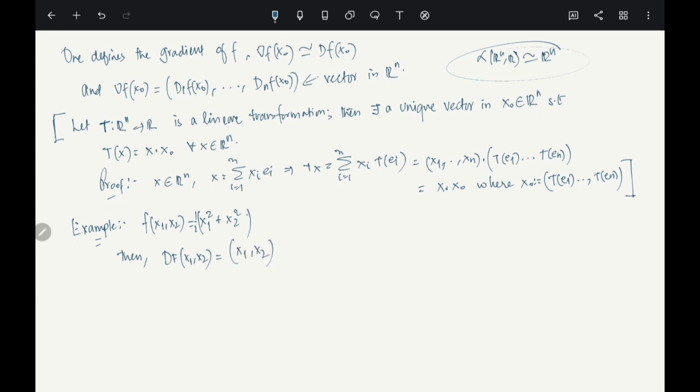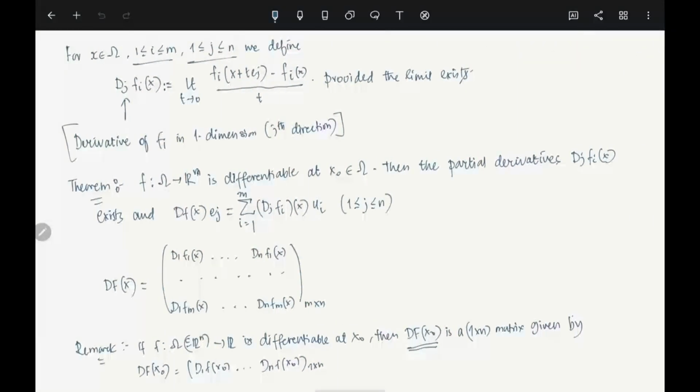So this is how we write it. Please remember, this is an element of L(R2, R), and this is an element of R2. But we identify this; the equals here basically means identification. Clear? Okay.